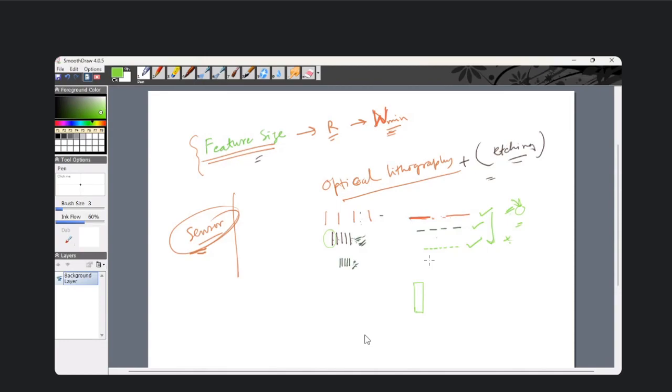When that dimension becomes comparable to the wavelength of the light source you are using, in the case of photolithography, what would happen? Under the circumstances, we cannot use simple geometrical ray optics.